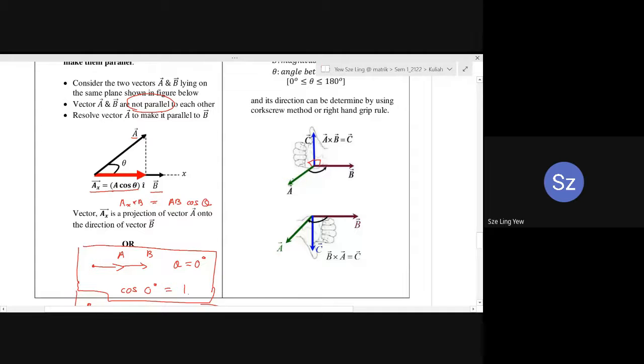So when you have vector A and vector B, you use your right hand to determine the direction of C. You point your 4 fingers towards direction A, before you curl your fingers.